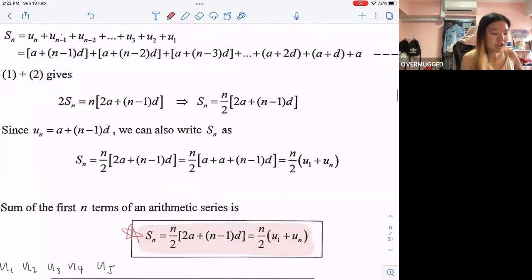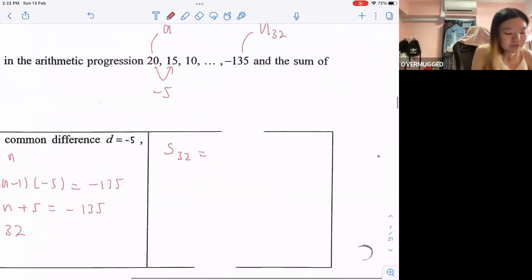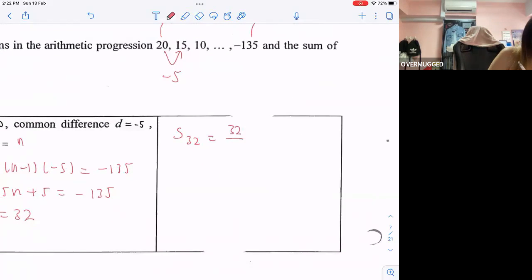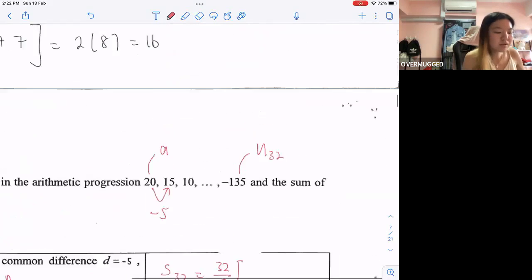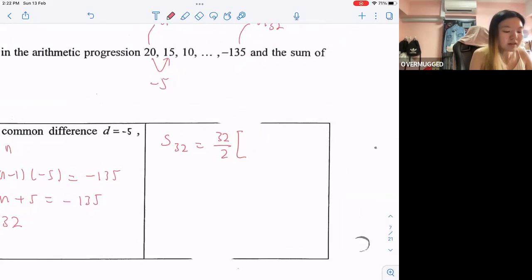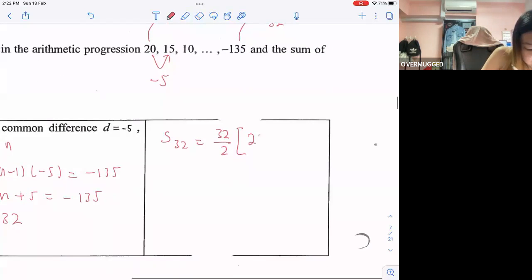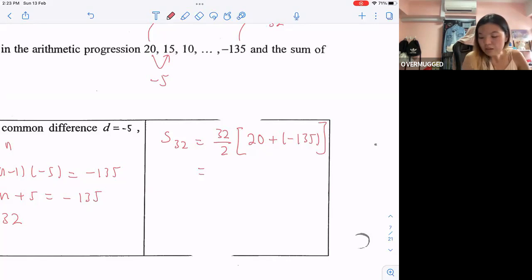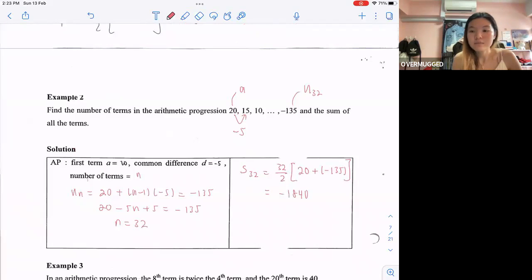I'm going to use the second general formula, which seems a bit easier in this case, where I have 32 over 2, times the first term plus the nth term, so the 32nd term in this case, so it will be 20 plus -135. If you calculate this out, you should get -1840, which will be your final answer.